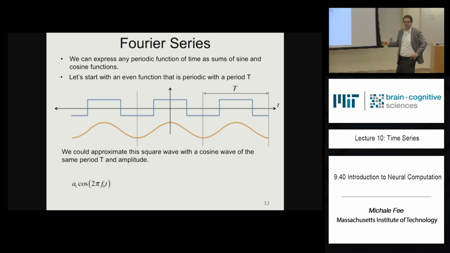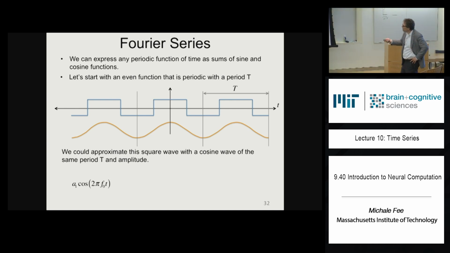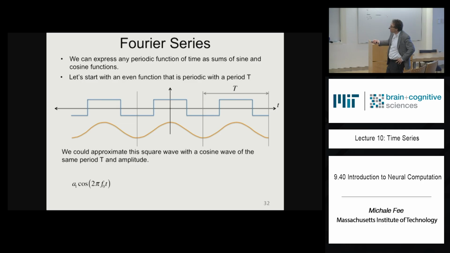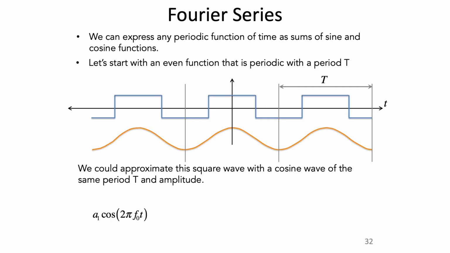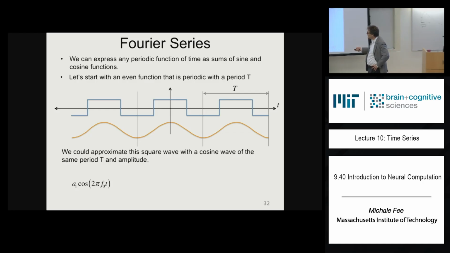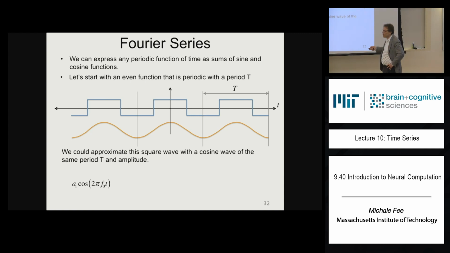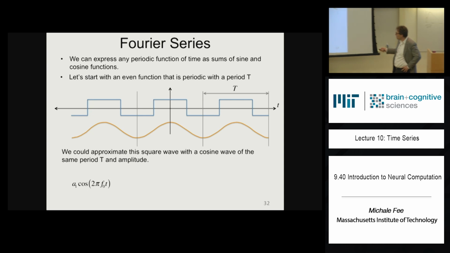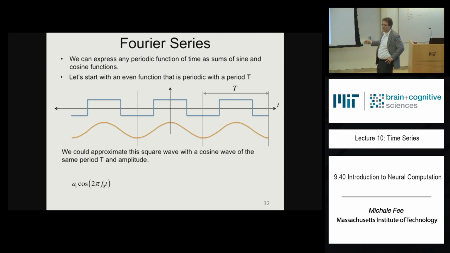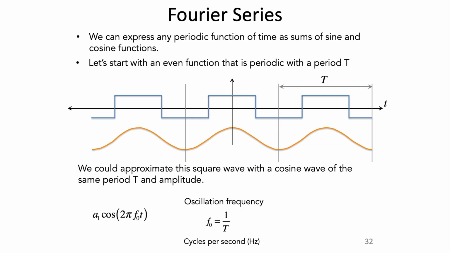First, we approximate this as a cosine that has some amplitude, A1, and some frequency, F0. A cosine wave with a frequency F0 is cosine 2 pi F0 t, where F0 is 1 over the period.